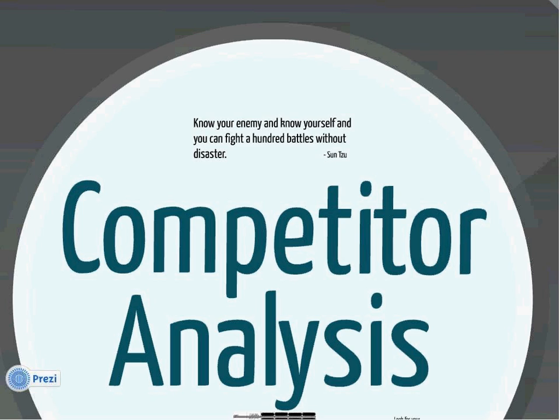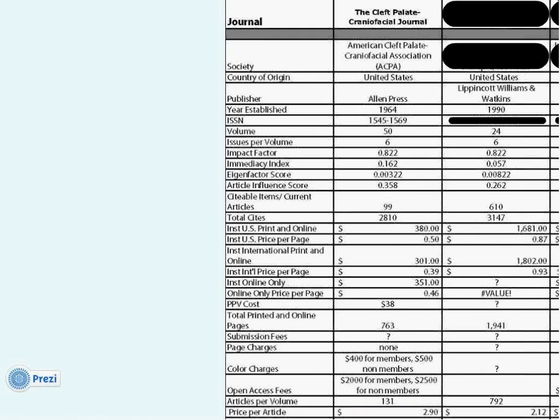So what we tend to do for competitor analysis is we'll write down our publication, since that's mostly what we work with. You can maybe put down your society, and then decide on a number of categories that we're looking to compare ourselves to the competitors on. We put all of those just into an Excel document, like all of you probably have, and then just work through finding the websites and collecting all the information that we have.